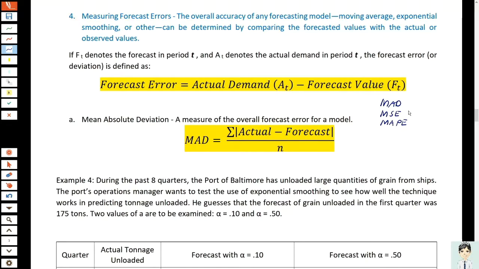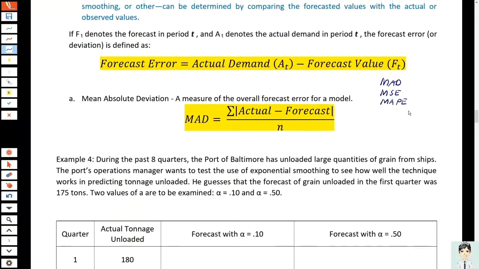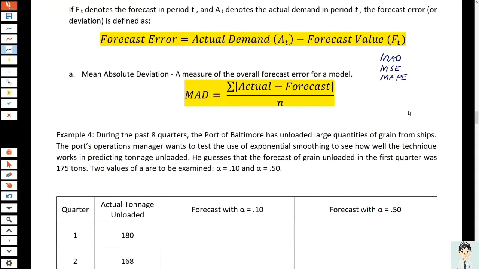measure of forecasting errors, the mean absolute deviation, a measure of the overall forecast error of a model. This value is computed by taking the sum of the absolute value of the individual forecast errors or the deviations and dividing by the number of periods of data n.